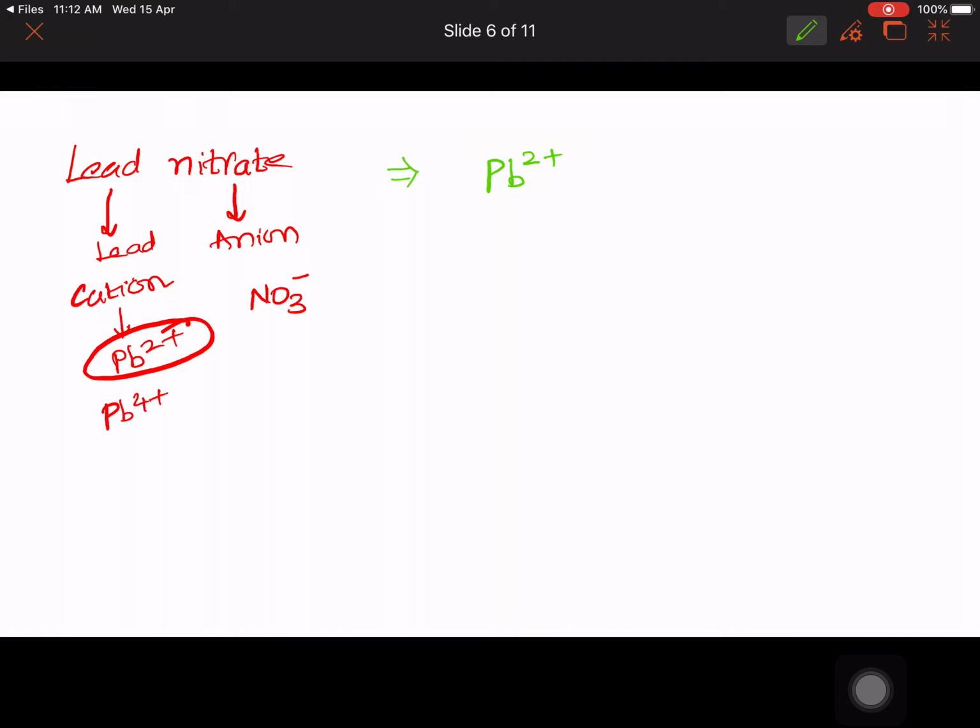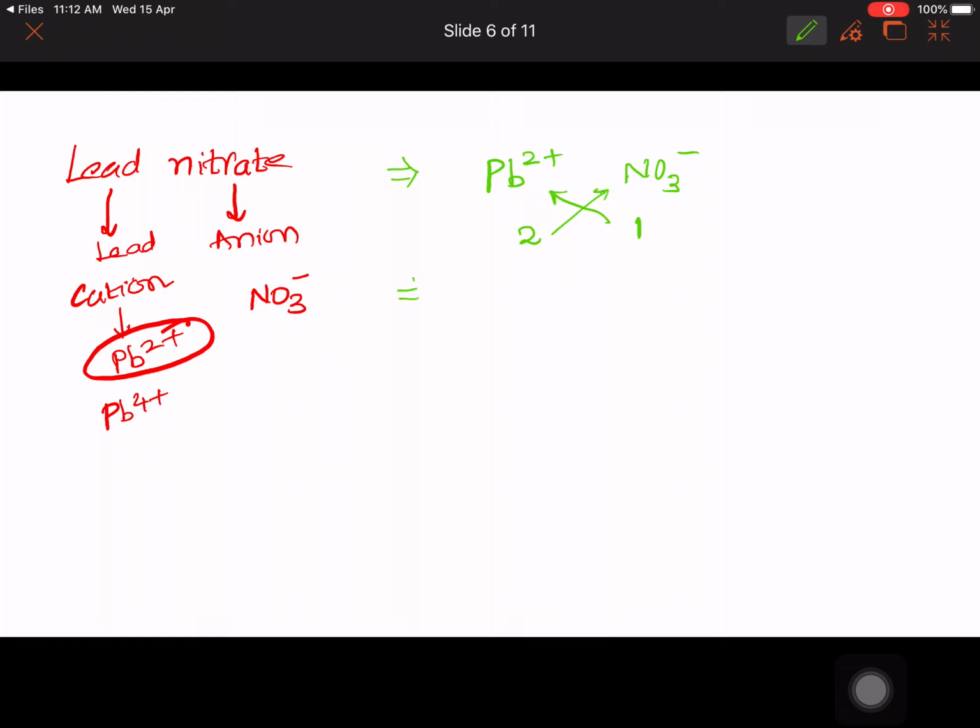Valence means the magnitude of the charge without the sign. For NO3 minus and Pb 2 plus, write the 2 at the bottom of Pb, and the 1 at the bottom of NO3. Now start doing cross multiplication.